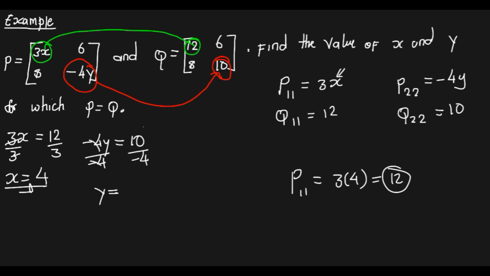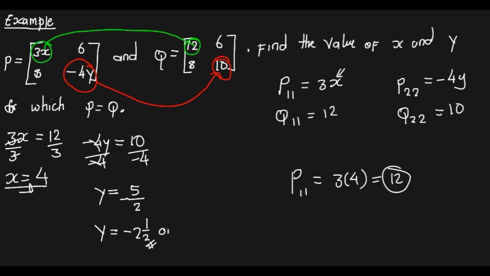So y is equal to negative 5 over 2, since we can reduce 10 and 4 by 2. Or 4 into 10 is 2, remainder 1 over 2.